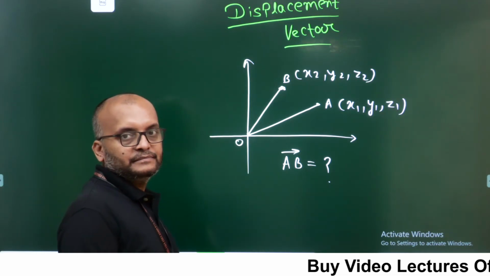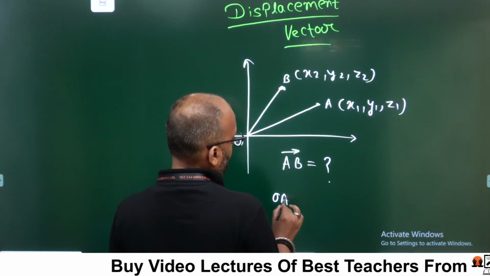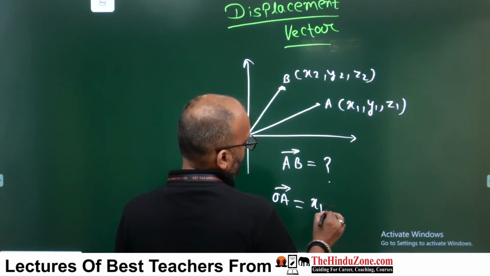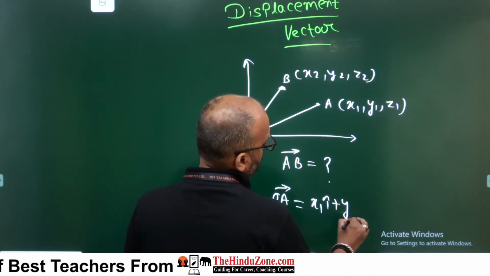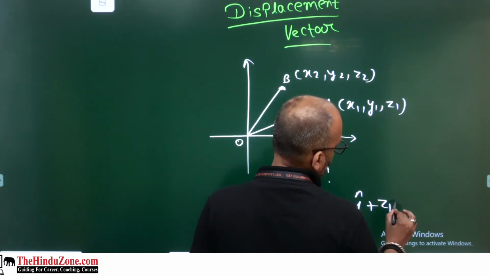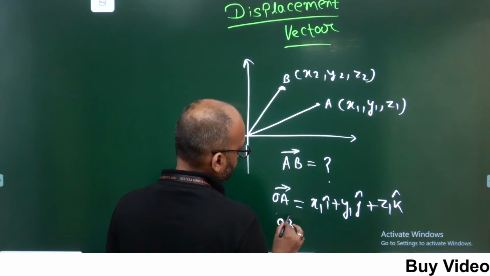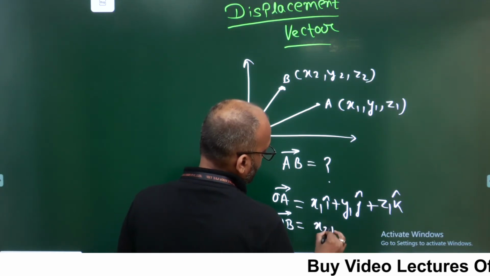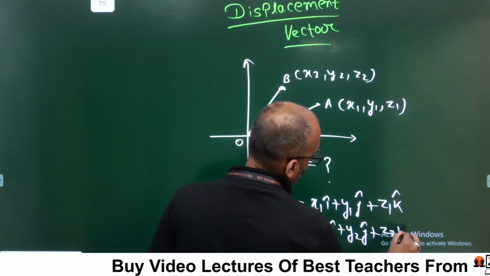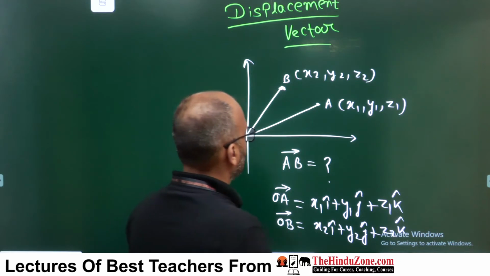AB vector. Now see, OA, what is OA? OA is position vector. I can write position vector OA as x1 i cap plus y1 j cap plus z1 k cap. I can write OB as x2 i cap plus y2 j cap plus z2 k cap. Right?